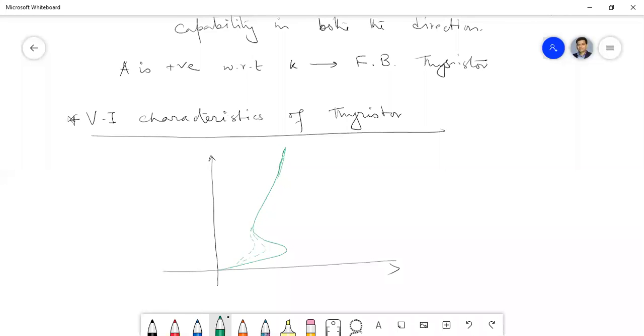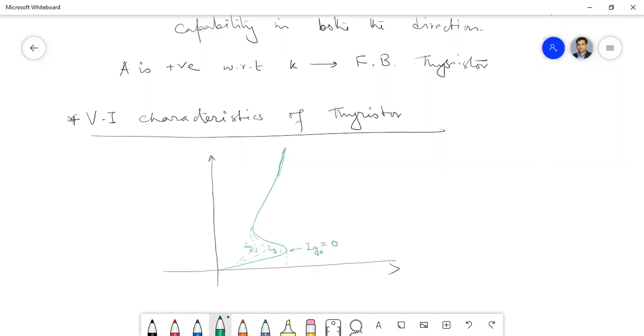Okay, now you can say this is for I0. Suppose this is for IG1, this is for IG2, and this is IG0.